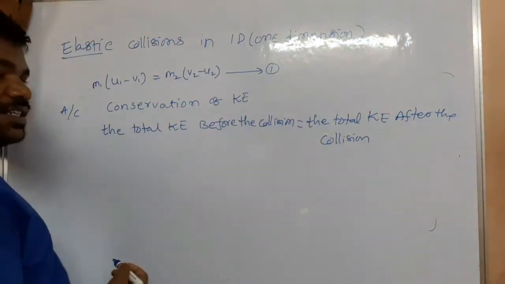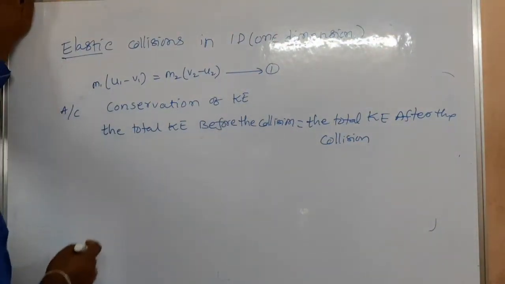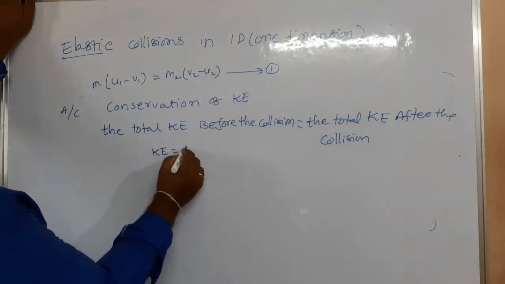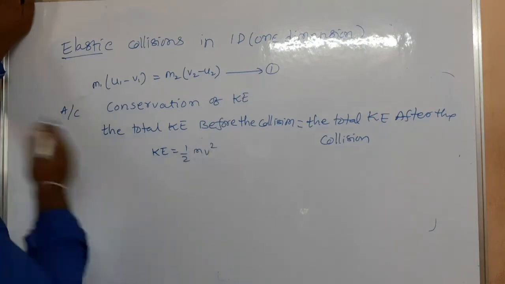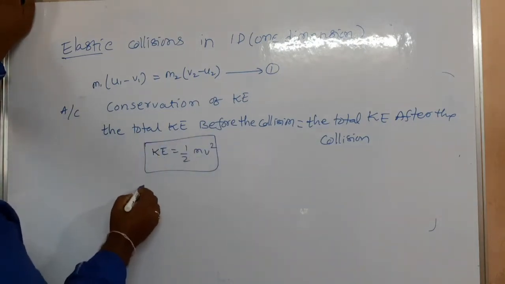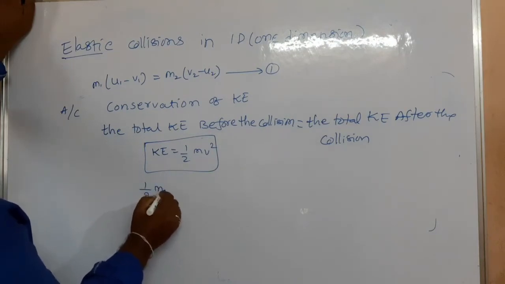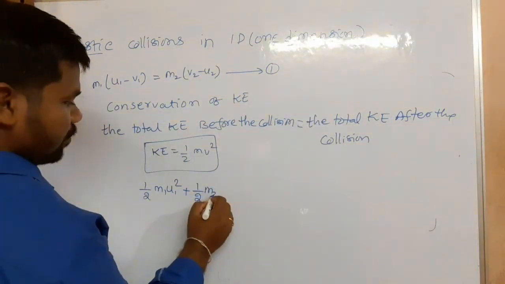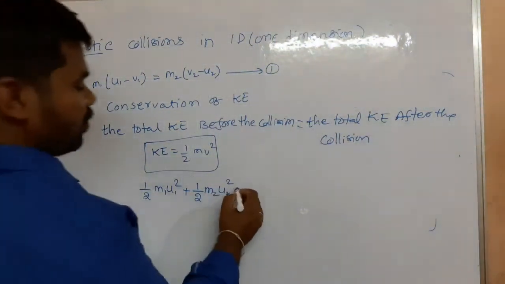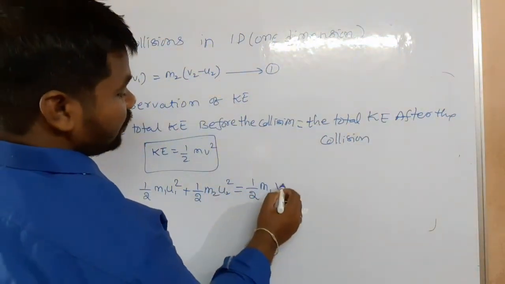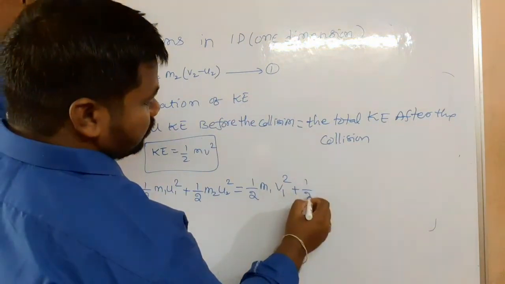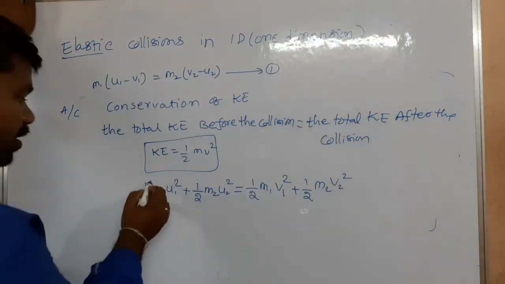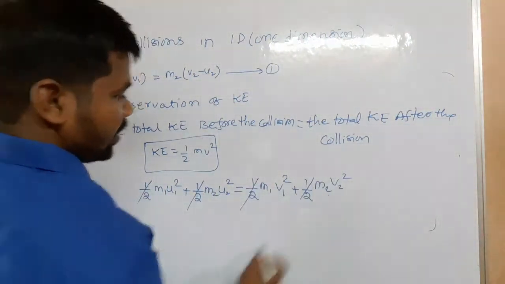Kinetic energy is 1 by 2 m v square. Before the collision: 1 by 2 m1 u1 square plus 1 by 2 m2 u2 square, which equals after the collision 1 by 2 m1 v1 square plus 1 by 2 m2 v2 square. Here 1 by 2 gets cancelled.